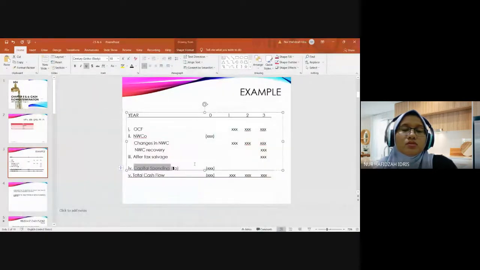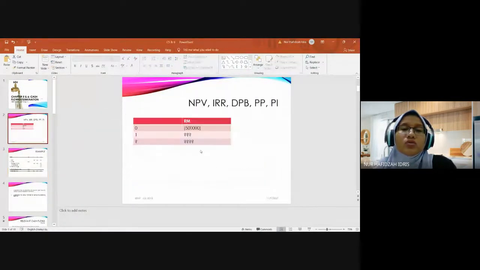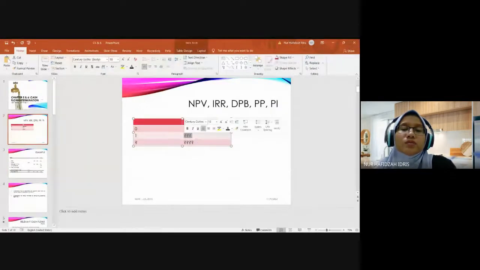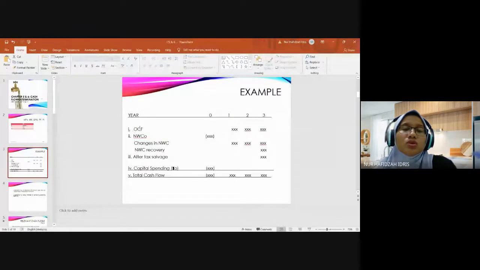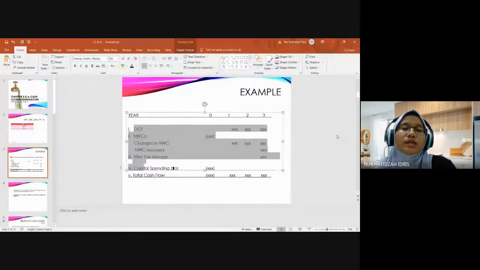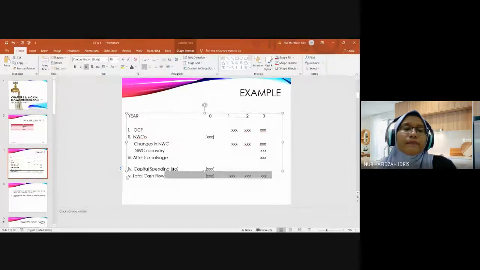So there are 4 elements. In order to determine the cash flow of the project, you need to sum all of these 4 elements, which are operating cash flow, initial net working capital, after tax salvage, and also the cost of the project.